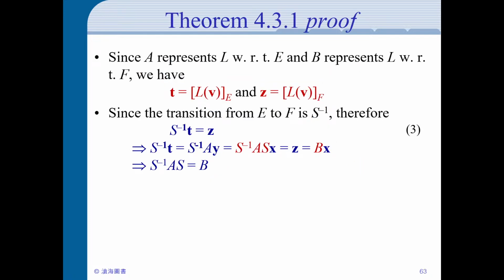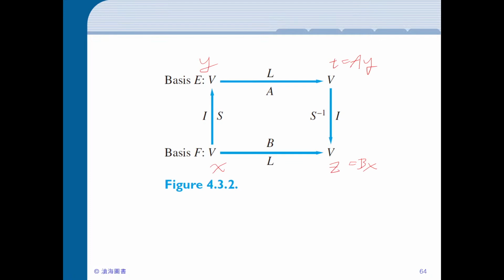So you can get Z by applying S minus 1 of T, because they are the same vector.